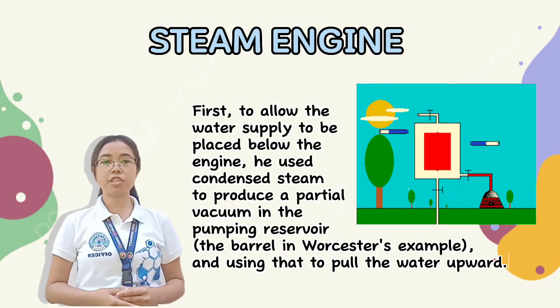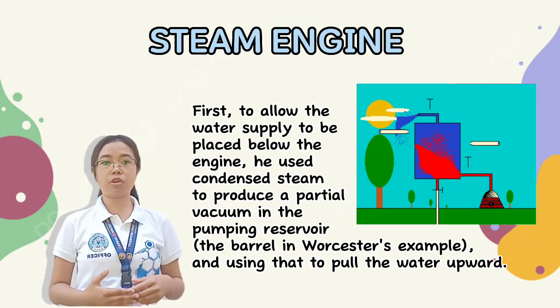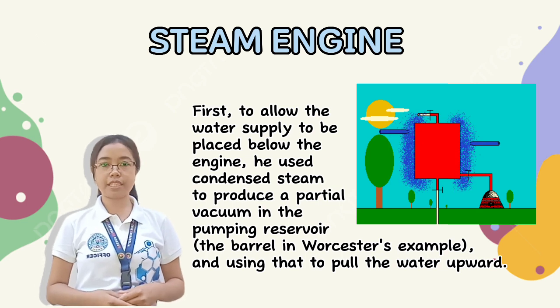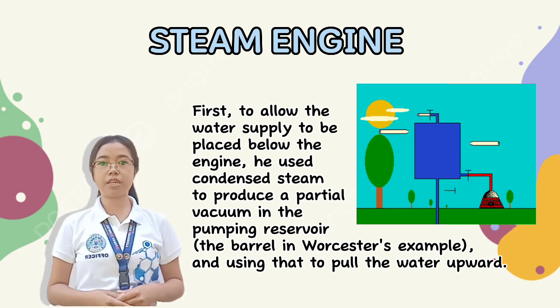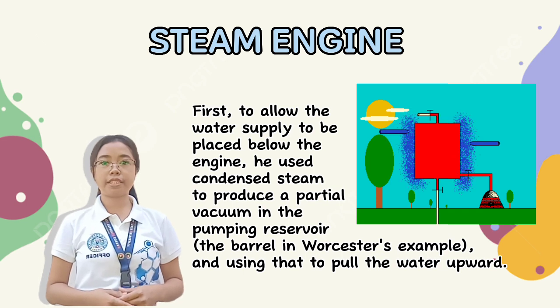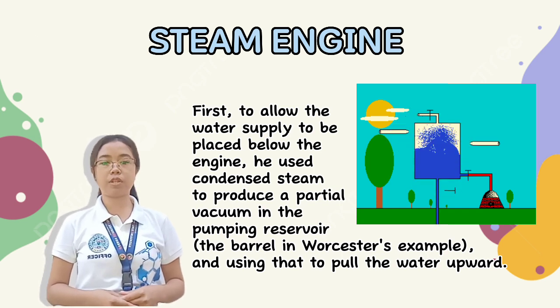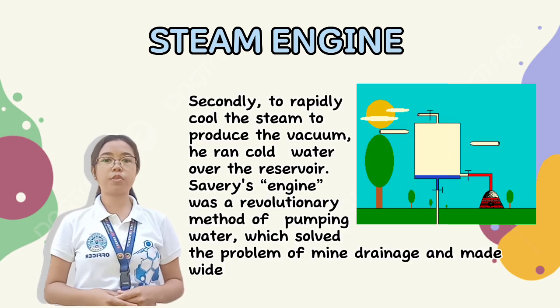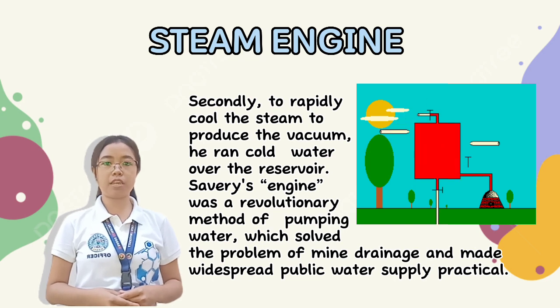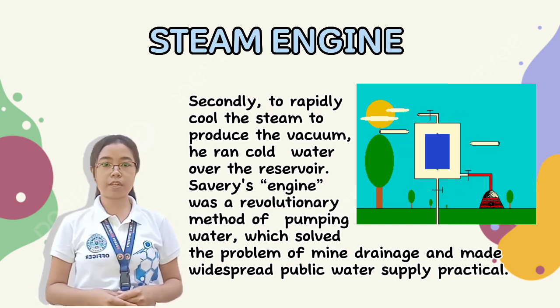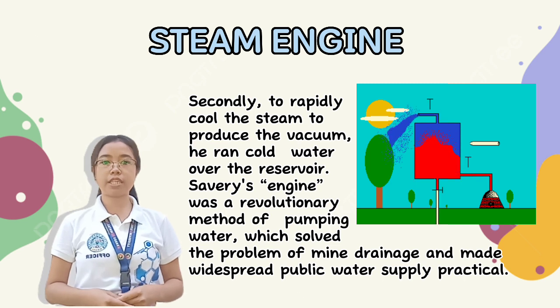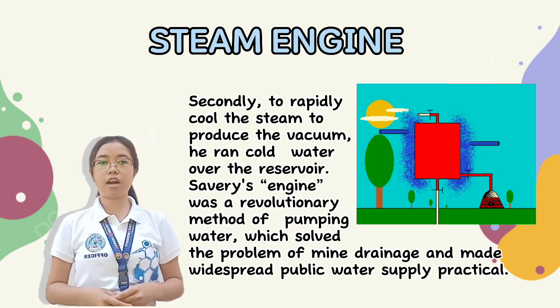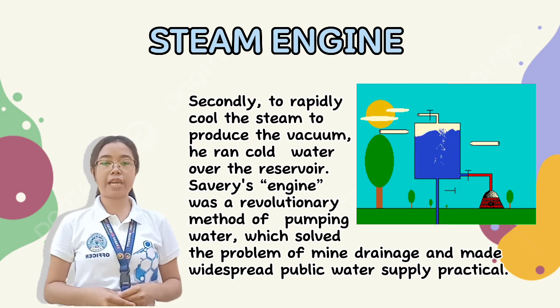First, in order to allow the water supply to be placed below the engine, he used condensed steam to produce a partial vacuum in the pumping reservoir, which is the barrel in Worcester's example, and used that to pull the water upward. Secondly, in order to rapidly cool the steam to produce the vacuum, he ran cold water over the reservoirs. Savery's engine was a revolutionary method of pumping water which solved the problem of mine drainage and made widespread public water supply practical.